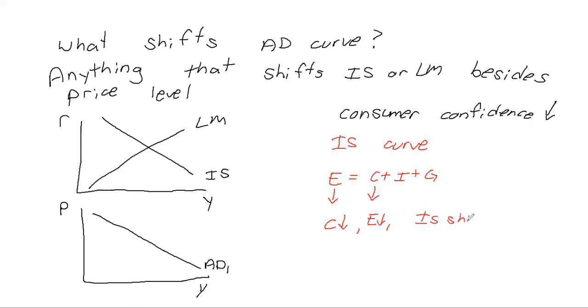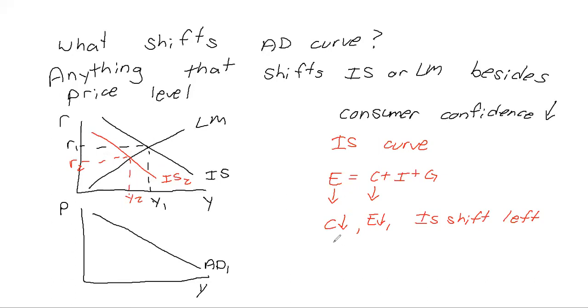IS shifts to the left. So let's draw that out. So this will be IS2, Y2, R2. Sorry, I forgot to label the equilibriums. Y1, R1.